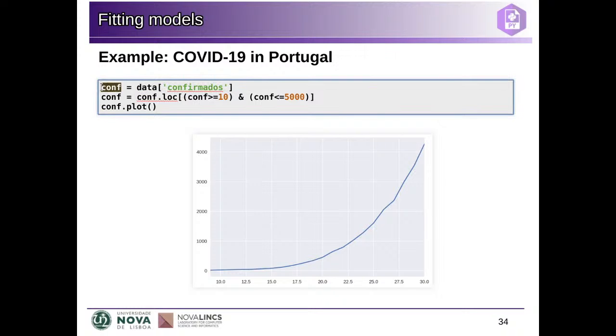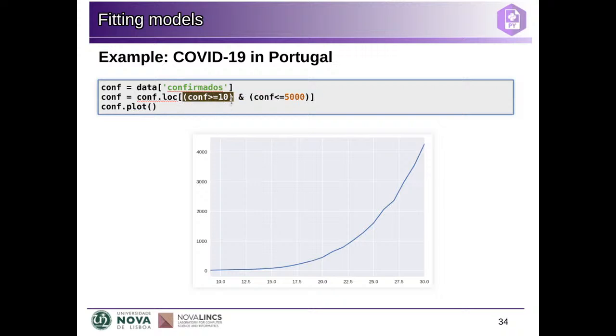This is a series. And now we get from this only those rows, so the items on this series that conform to this expression here. Note that we can use this ampersand to combine two Boolean arrays. This will be a conjunction of the Boolean values.